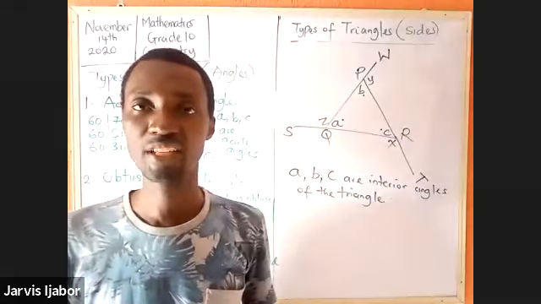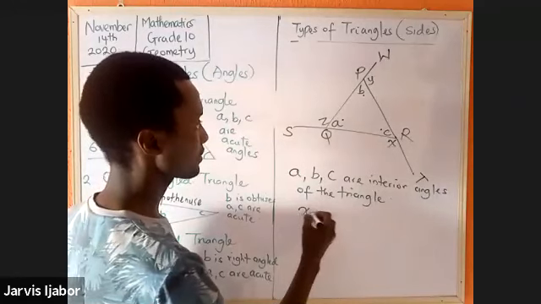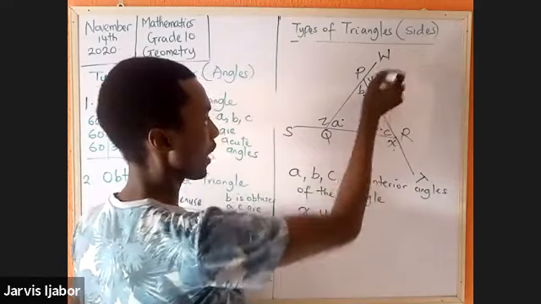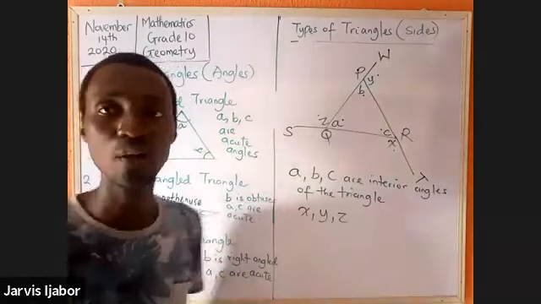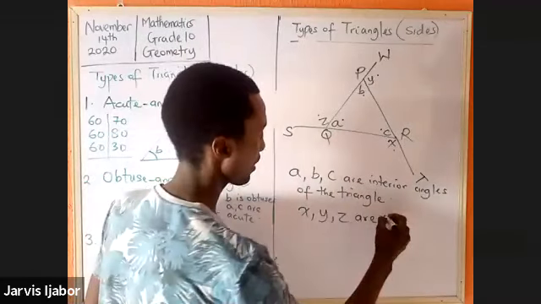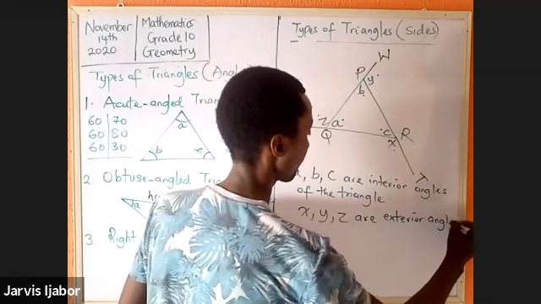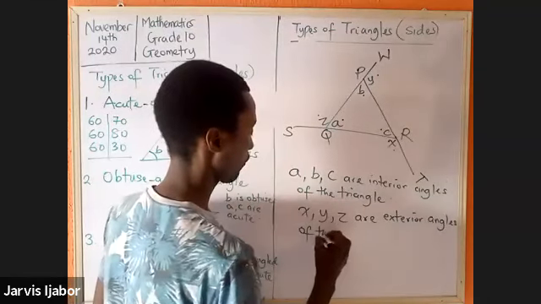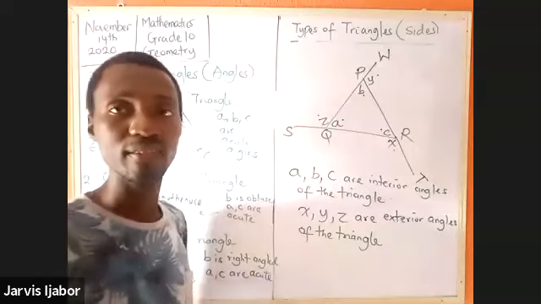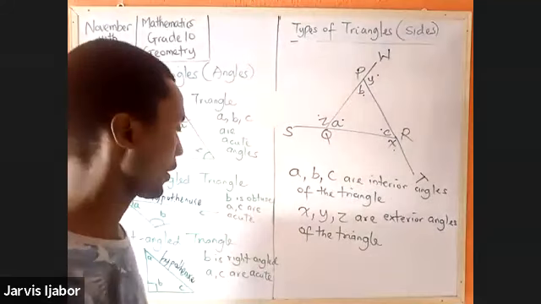So what about X, Y, Z? These angles are called the exterior angles of the triangle. So X, Y, Z are treated as what? Exterior angles of the triangle. Good.